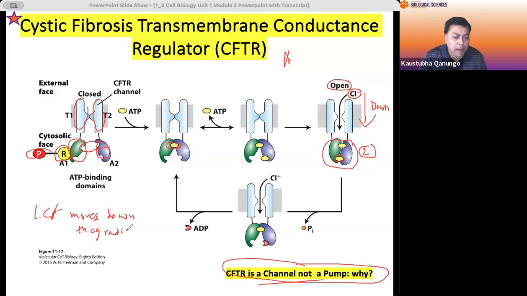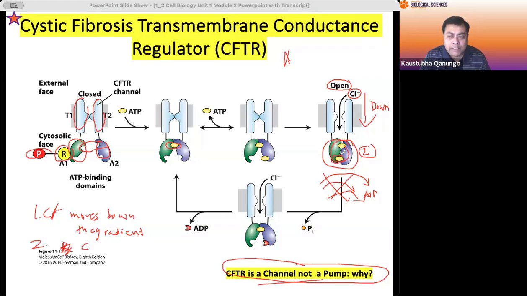With a pump, it will be against the gradient. Number two, the pump requires ATP. A typical pump, every cycle will require an ATP. That means every ion molecule that is being moved will require ATP. Here it is not. You just only need two ATPs to open it.